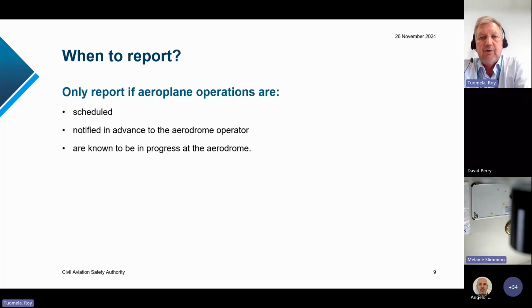So for the 300 plus certified aerodromes that are non-controlled or where ATC is no longer there, you don't have to report wet runways. So if it's raining and the runway's wet, there are other mechanisms for the airplane operators and pilots to take account of the wet runways through their pre-flight planning requirements under the operations regulations.